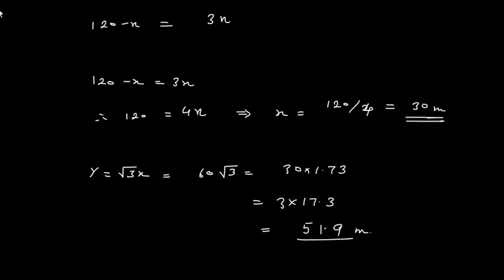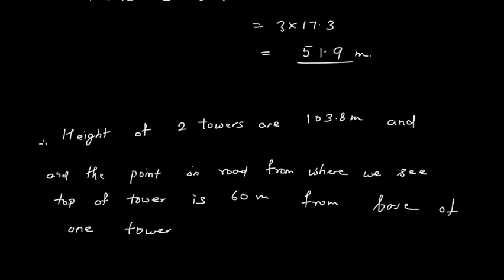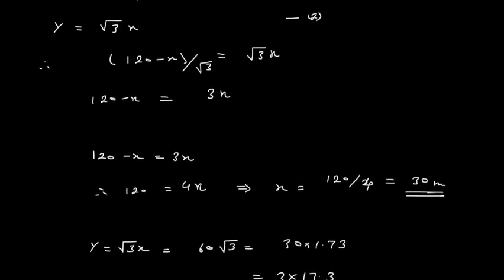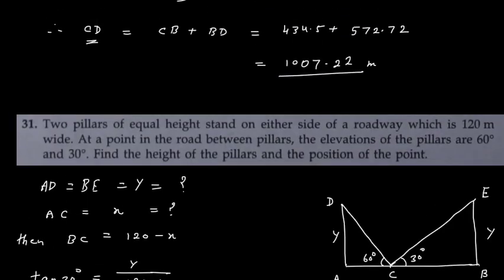So therefore the height of the two towers is 51.9 meter, and the point on the road from where we see the top of the tower is, in place of 60 meter, 30 meter from the base of one tower. Okay, so this is our question number 31.